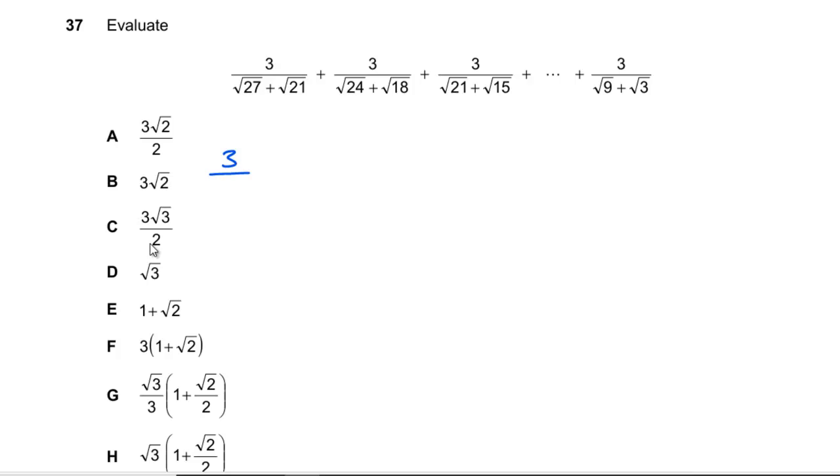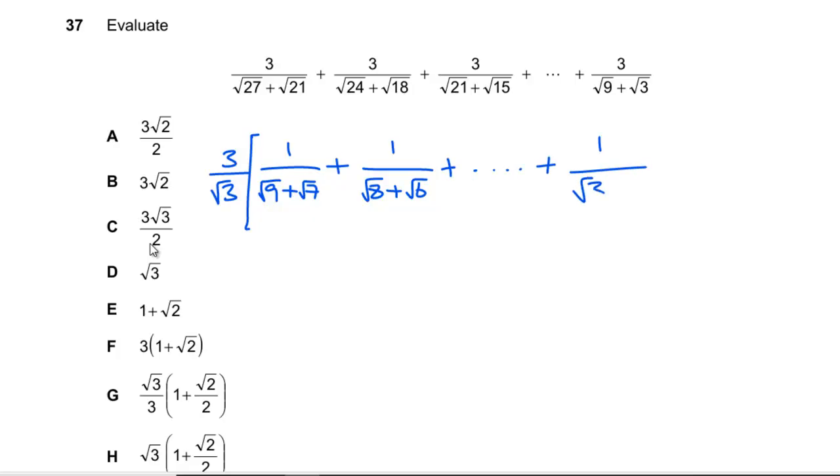So I've got 3 over root 3, which would then, if I've got all that outside, I'll have 1 over root 9 plus root 7, plus 1 over root 8 plus root 6, plus 1 over root 3 plus 1, or root 1 if I wanted to put it that way.